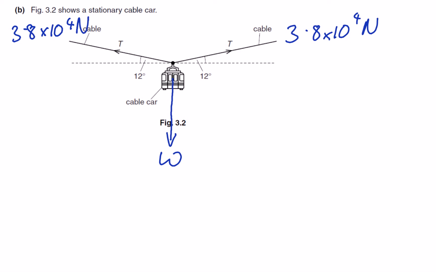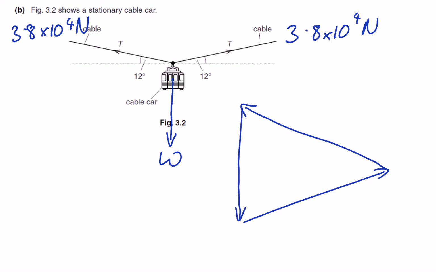Now I would draw that out as a free body diagram. So we've got our two tensions acting in that direction, and we add that one on, and if we add on the weight W, so that one's T, that's T, there's my weight W, they're going to end up back at the same point.